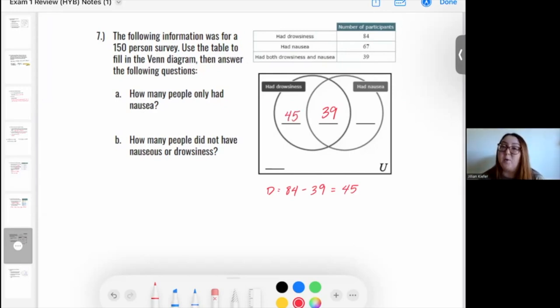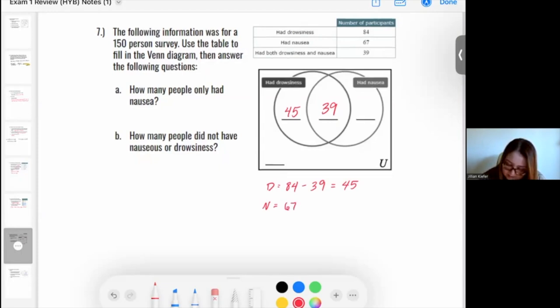Now we want to find the people who only had nausea. We said 67 participants had nausea. So we have 67 minus the people who had both, 39. So here we should end up getting 28. So 28 people only had nausea.